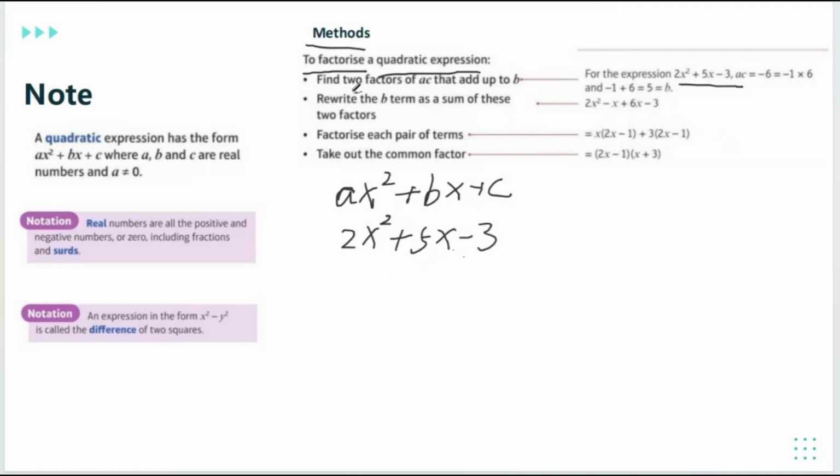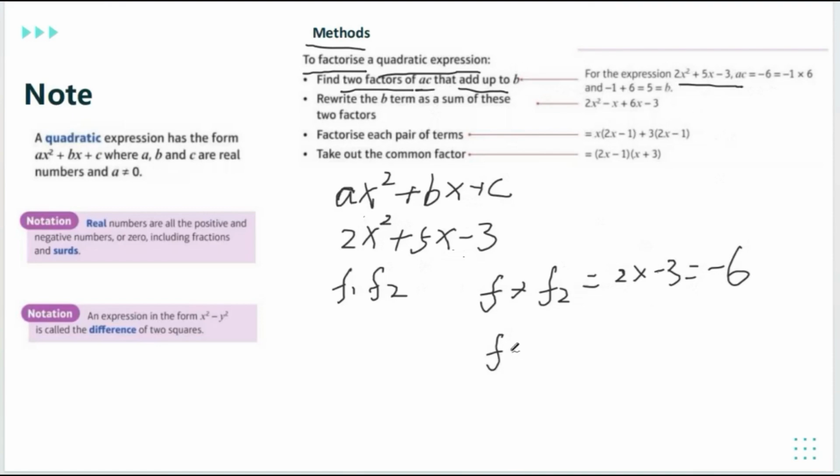Find 2 factors, factor 1 and factor 2, so that factor 1 times factor 2 equals AC. AC means 2 times minus 3 equals minus 6, right? And they add up to b. b is 5, which means factor 1 plus factor 2 equals 5.